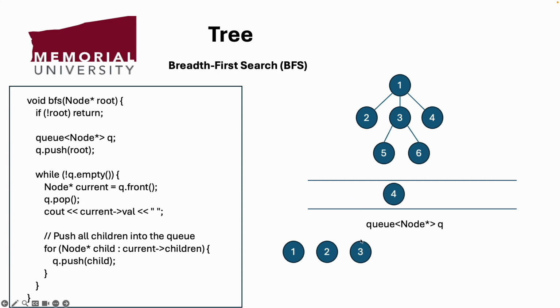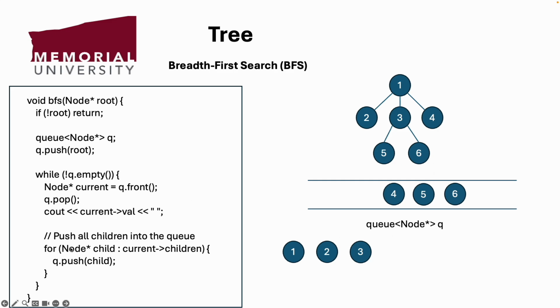Then we push all the children of node 3 into the queue. Node 3 has how many children? We have 5 and 6, right? We push 5 and 6 from left to right, which means they keep the same order.